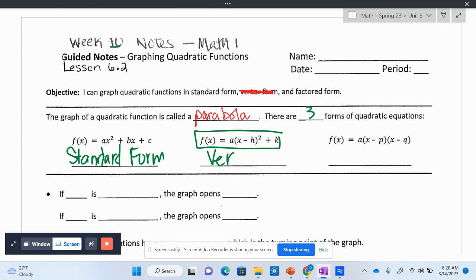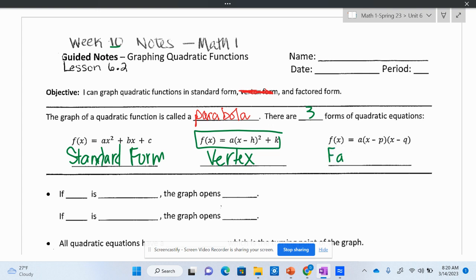You can label it, but you're not going to use it in Math 1. You will use it in Math 2. This last one is what we've been doing, this factored form. Yeah, we've been factoring our quadratics.